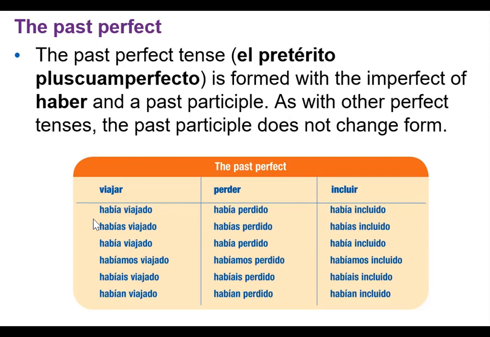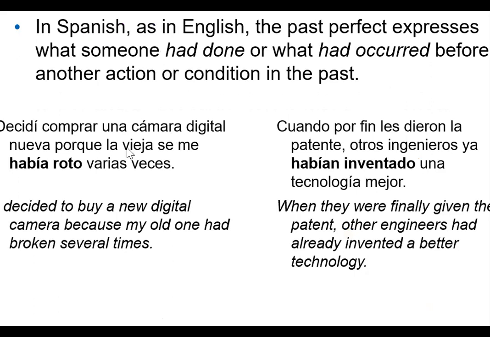So we're going to move on and talk about when we use this pluscuamperfecto. So far, the grammar on this is everything we've done before, just a new form of haber that shouldn't be too difficult for you all to understand. So here's where it gets a little bit dicey.